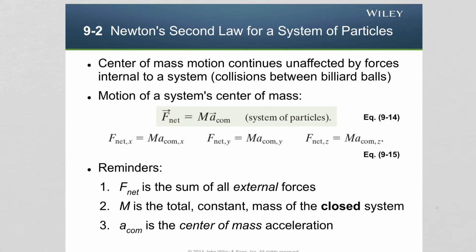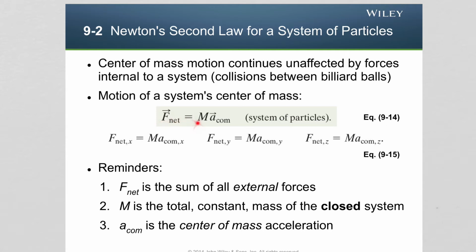So the net force will be equal to the product of the mass of the entire system times the acceleration of the center of mass. So again, we are no longer talking about the entire system of particles being considered a point particle. We are now talking about the entire system moving the way its center of mass is moving.